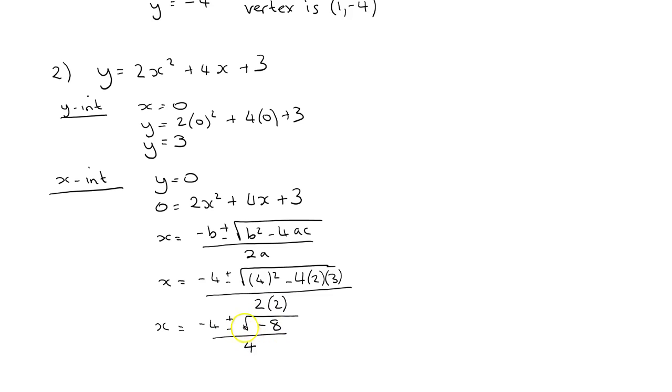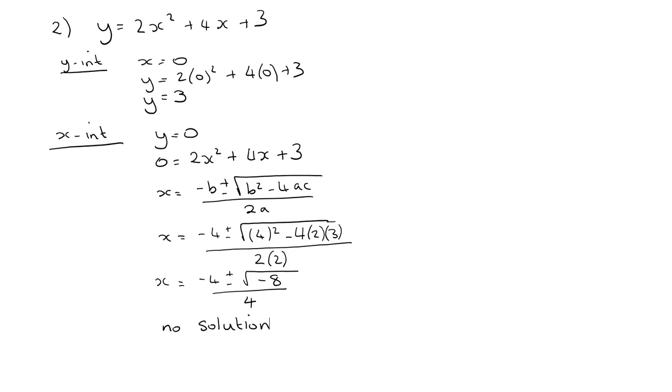Now this is where we run into a problem because we cannot take the square root of a negative number. So in this case, there is no solution. So there are no x-intercepts, and it means that our parabola does not cross the x-axis.